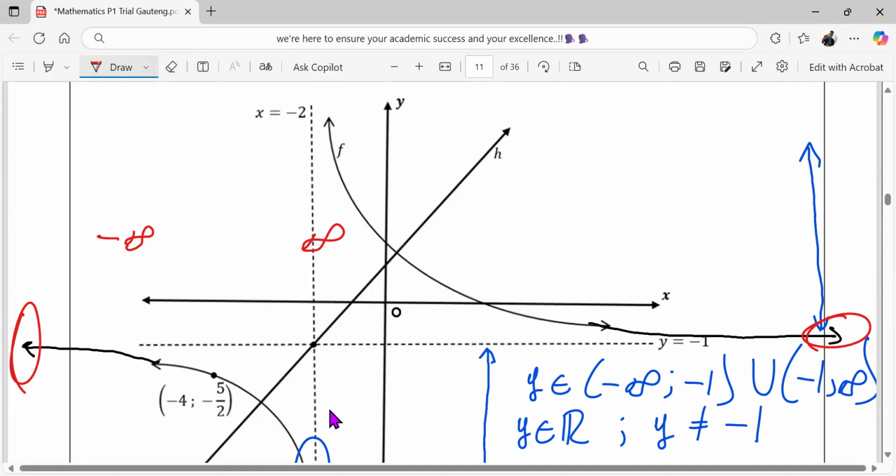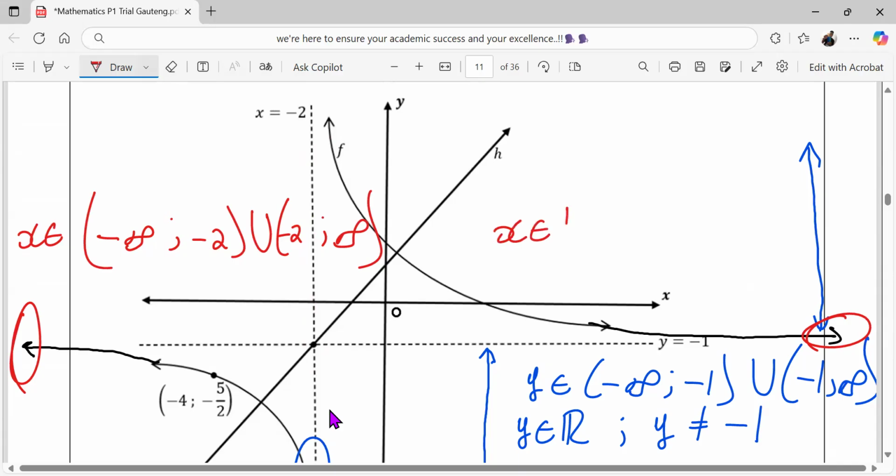So yes, from negative infinity all the way to -2 in union with -2 all the way to infinity. Well, that's the domain. But as you said, it's all the real values of x, just not when x is -2. That is the domain of the function.